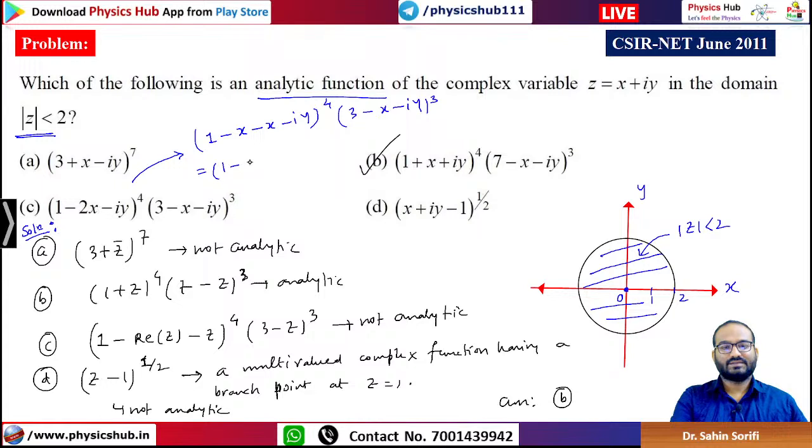To make it z, you need only one x, so x is the real part of z, minus x plus iy, so this will be z. 3 minus, if you take common x plus iy, so z. As it contains the real part of z, it is not analytic. Clear now, Murli?